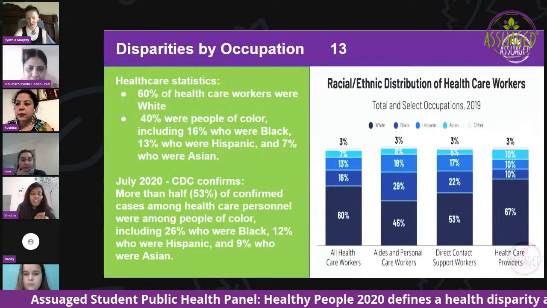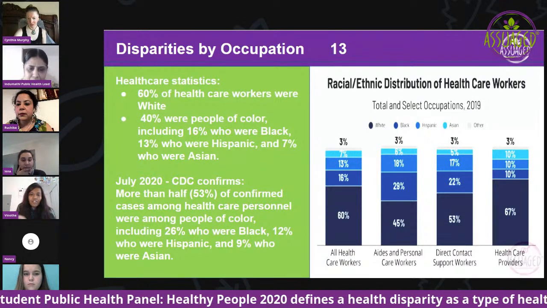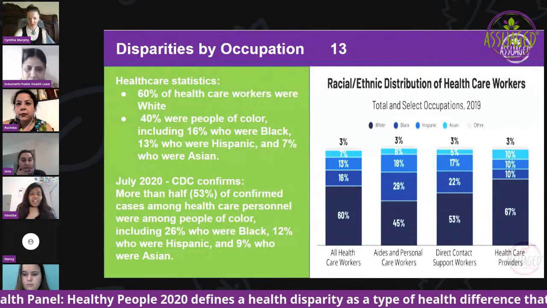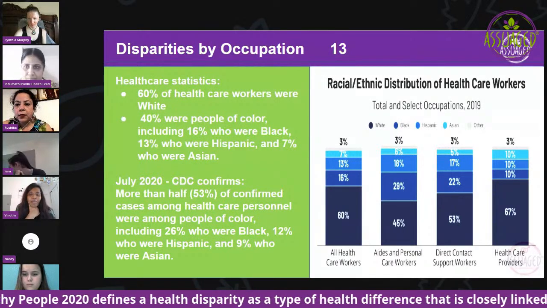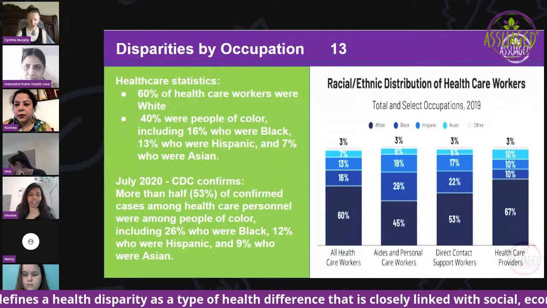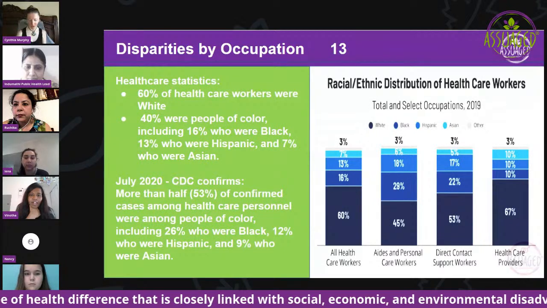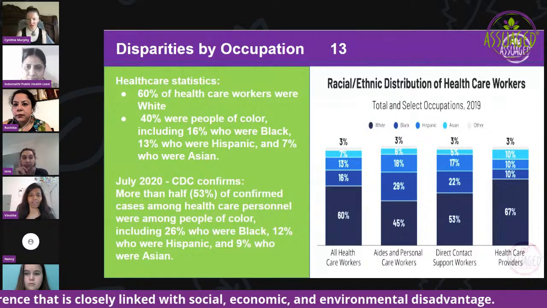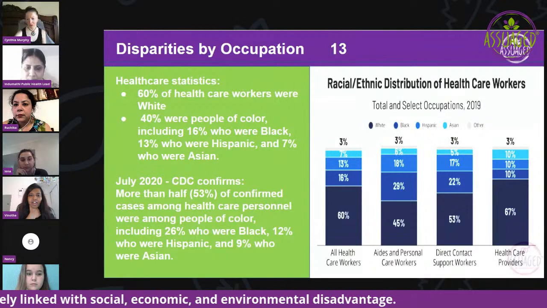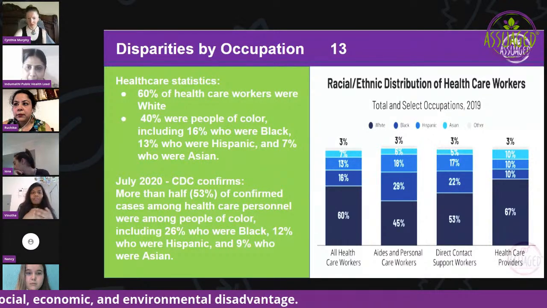This can be clearly seen in the graph given on the slide. So you see a lot of people here in healthcare workers, in which a larger proportion is the white community, about 60% here, and the others are almost only 40% here.